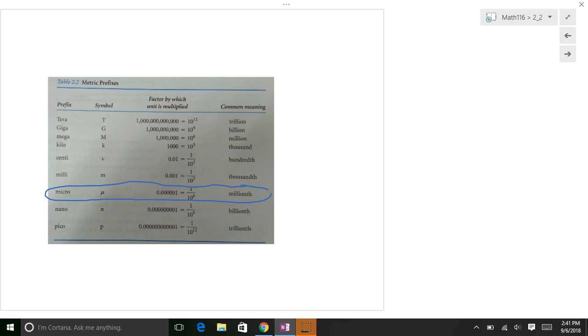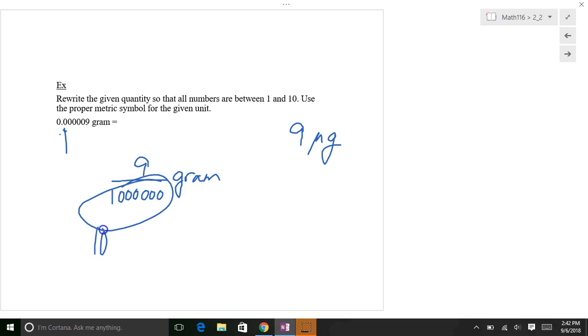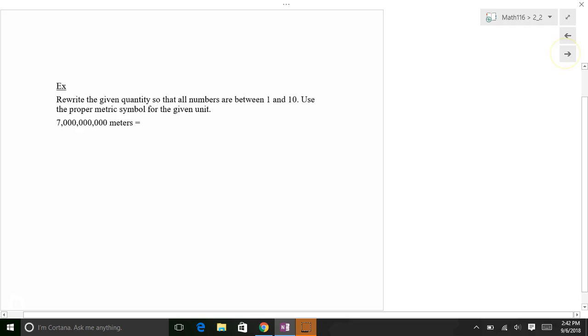Looking back at the table, you see the 0.000001 there for millionths. So we're going to use this symbol right here. That's called mu, by the way. That's micro. So that's 9 micro, and then a lowercase g for gram. That's your 10 to the 6th on the bottom right there. So 9 micrograms. You just use that table consistently.